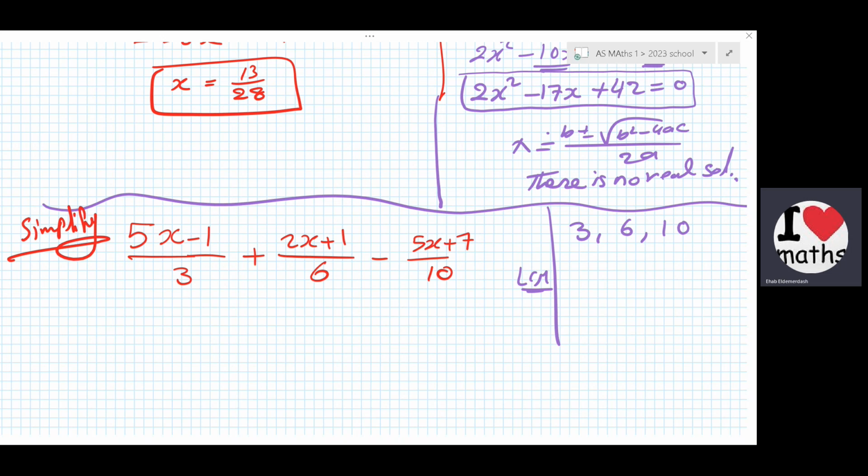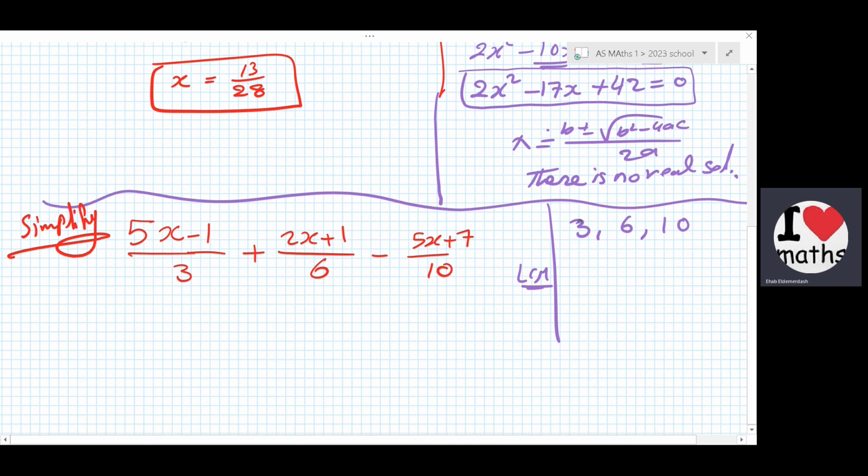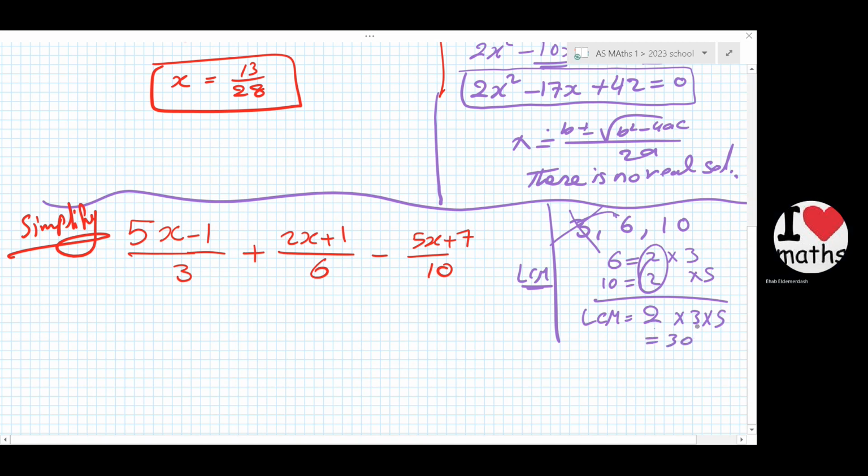Now I have 6 and 10. The 3 goes into the 6, so there is no need for it. The 6 is 2 multiplied by 3 and the 10 is 2 multiplied by 5. To take the least common multiple, from the repeated factors you take only one, and the unrepeated ones you take all, so it's 2 multiplied by 3 multiplied by 5, which gives 30. Are you with me?